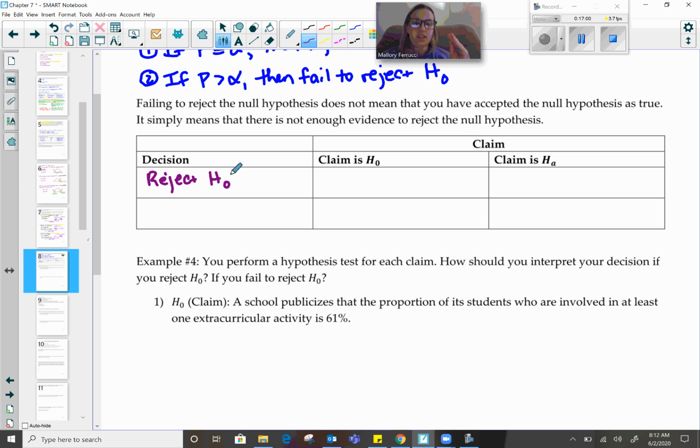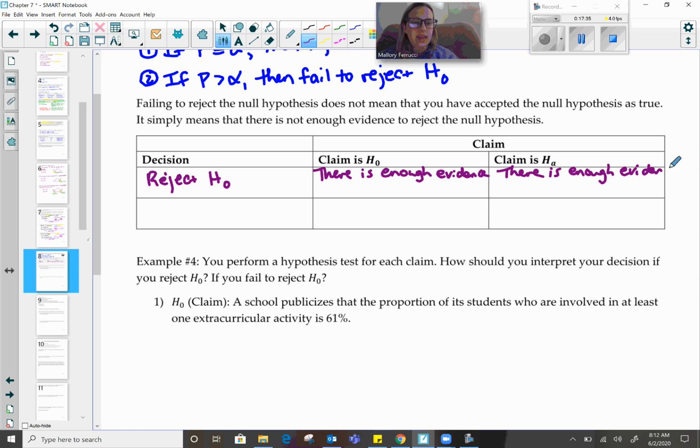So if you reject the null hypothesis, if that's your final decision, whether your original claim is the null hypothesis or not, you're always going to start off with there is enough evidence.